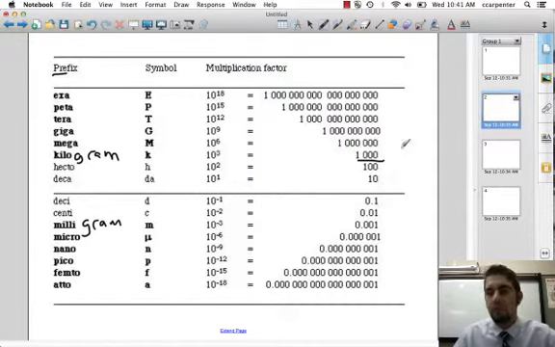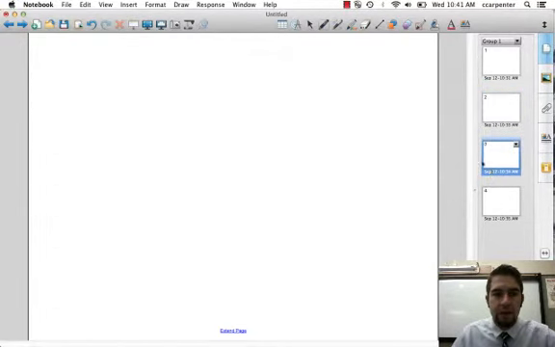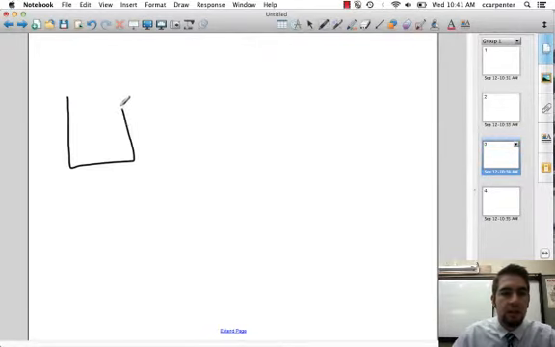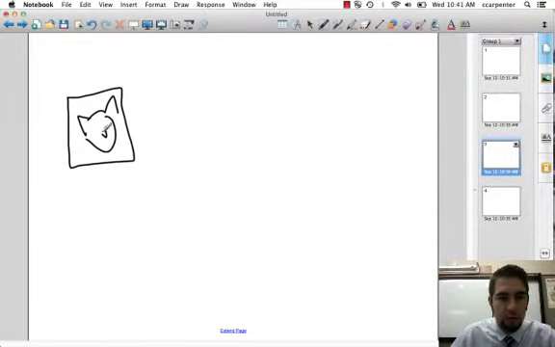Alright? So, let's go ahead and try that. Let's just use grams. I have some undetermined substance. Let's say it's a picture of a cat. Meow. And this picture of a cat weighs 1 kilogram.